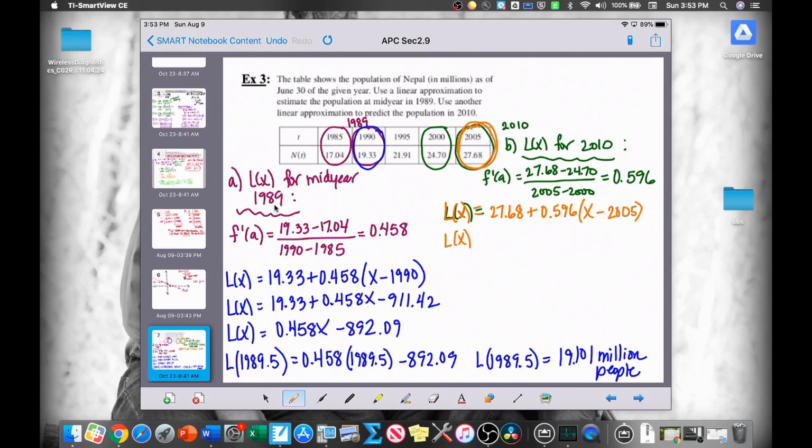Now we do some algebra. 27.68 plus 0.596x minus 1,194.98. And then we combine our like terms and we get a linear approximation of 0.596x minus 1167.30.